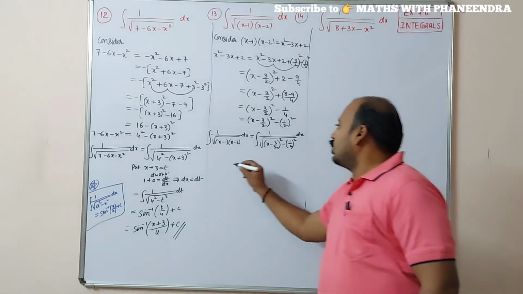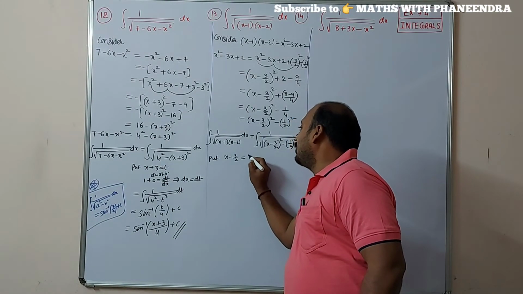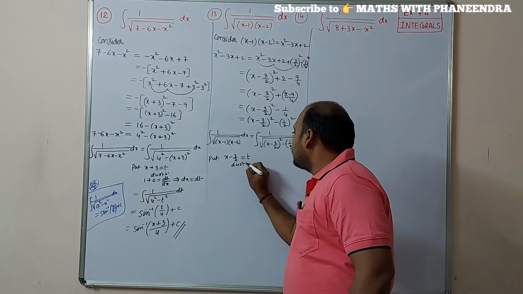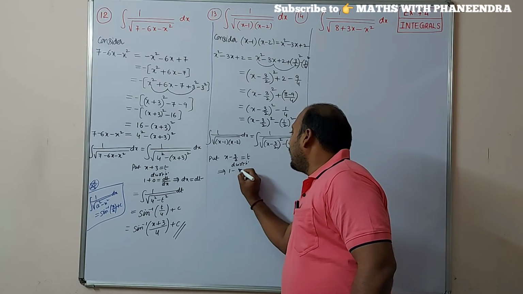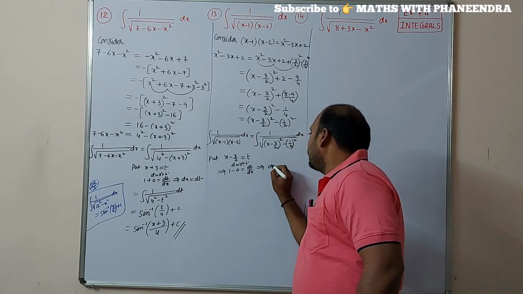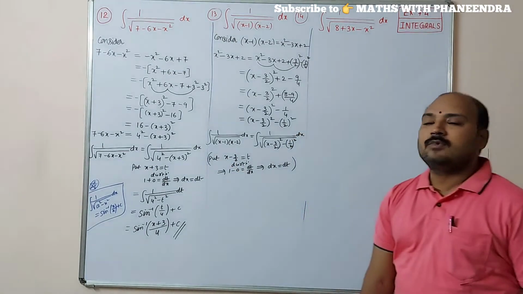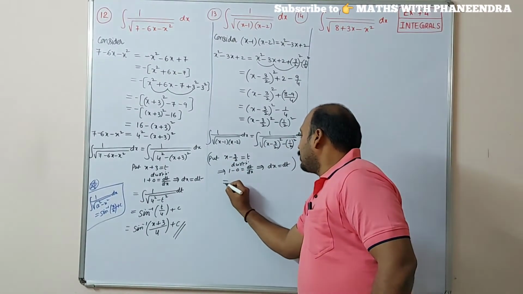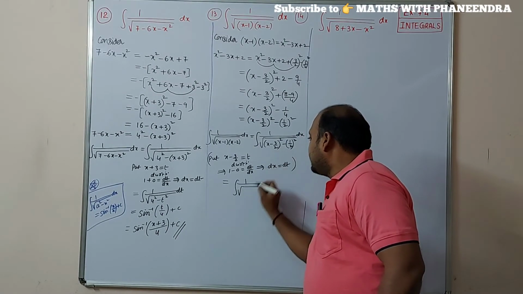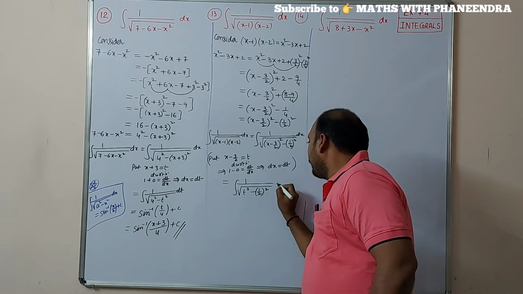For this also put x minus 3 by 2 is equal to t, differentiate with respect to x. So 1 minus 0 is equal to dt by dx, cross multiply. So dx is equal to dt. Which is equal to integral 1 by square root of t square minus (1 by 2) whole square into dt.